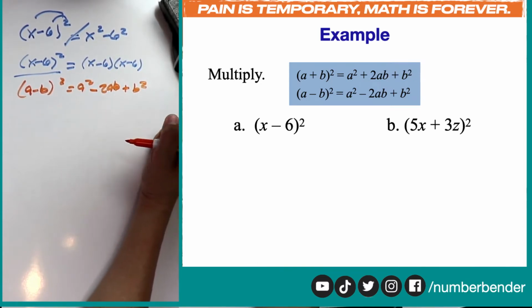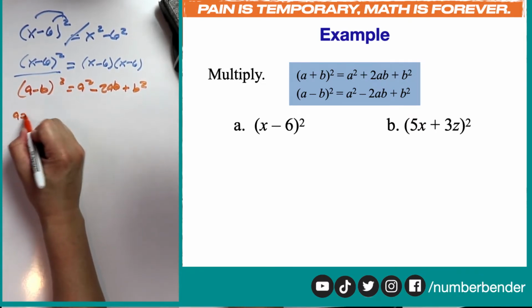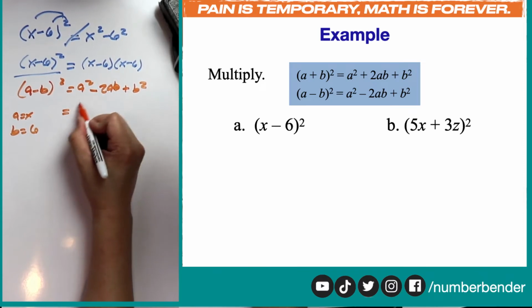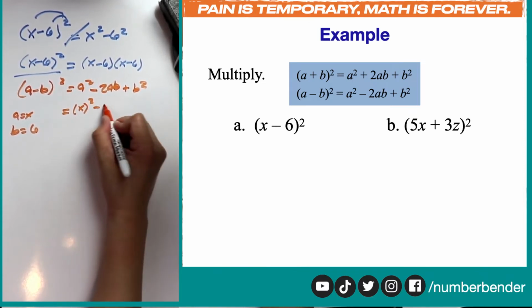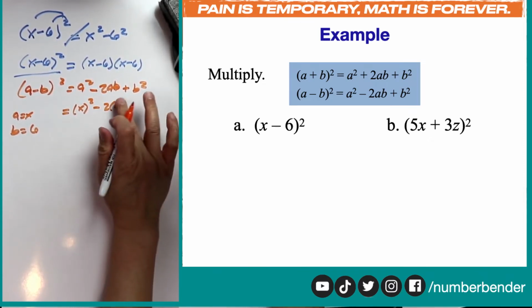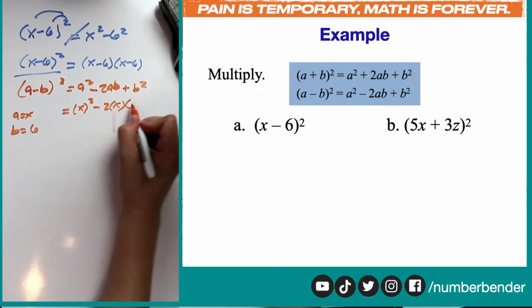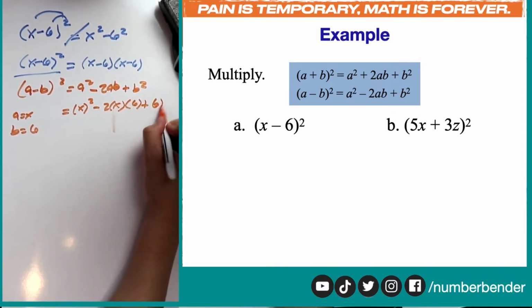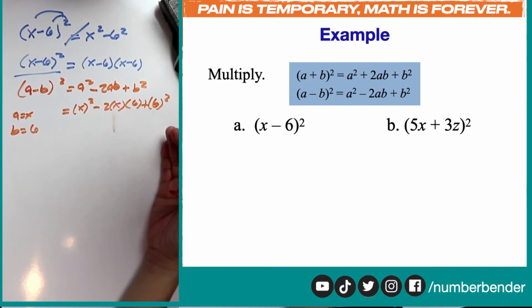How are we going to use that? We know that a is equal to x and b is equal to 6. All we need to do is replace a with x and b with 6. So we'll have 6 quantity squared at the very last term.